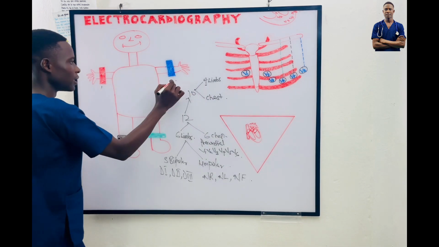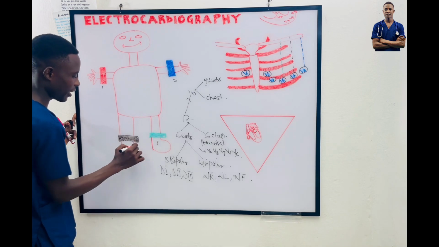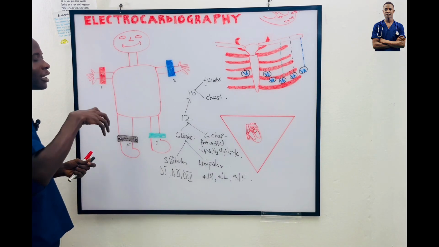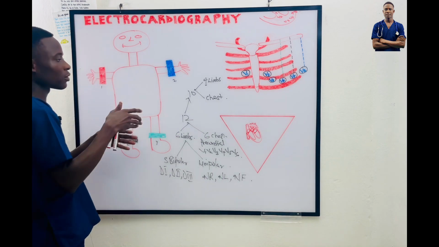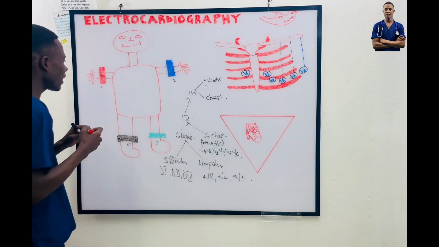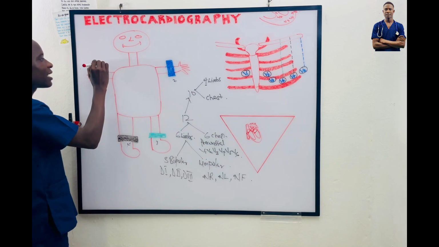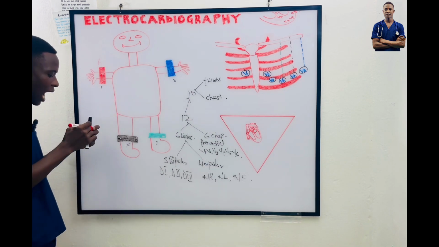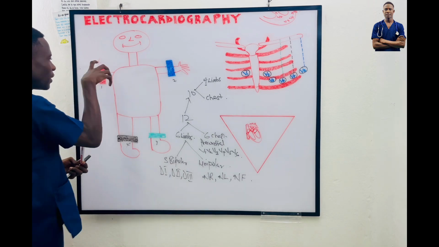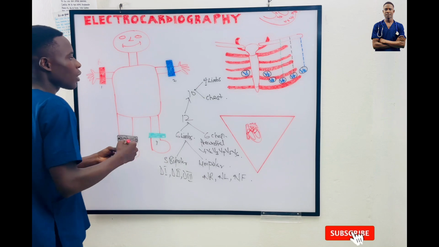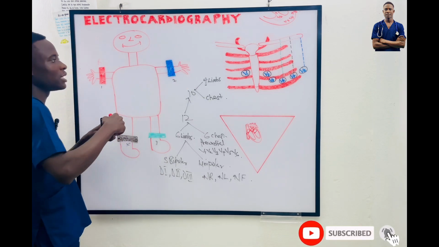The electrodes actually have colors on them. Do you understand? If you take the red color, it is placed at the right arm, at the wrist. Okay. So at the left arm, we place yellow.